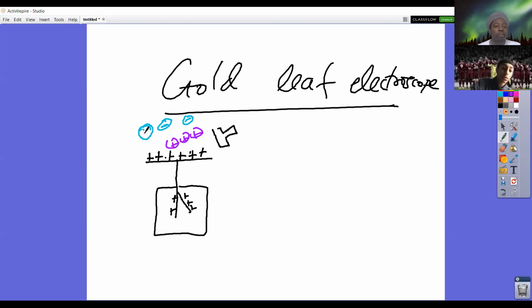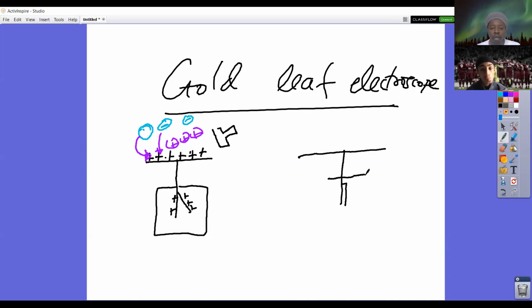The negative ions will be attracted to these positive ions, and it's going to neutralize the charge. So when you bring a radioactive source next to a charged gold leaf electroscope, what you expect to see is that the leaf is neutralized, because all radioactivity is ionizing.